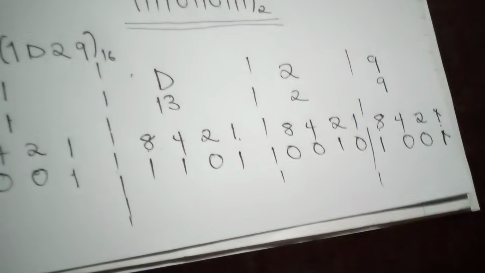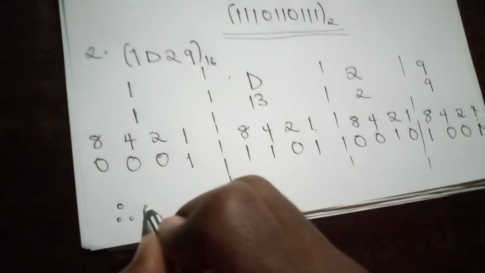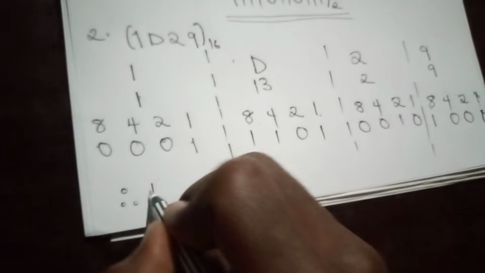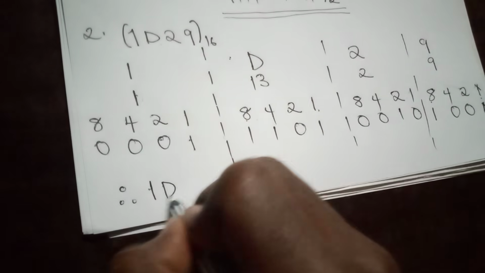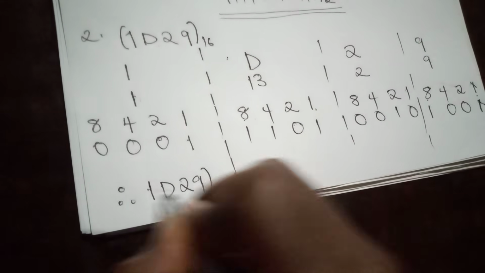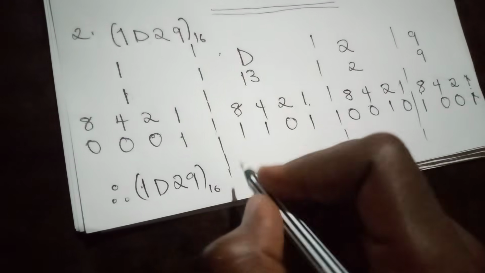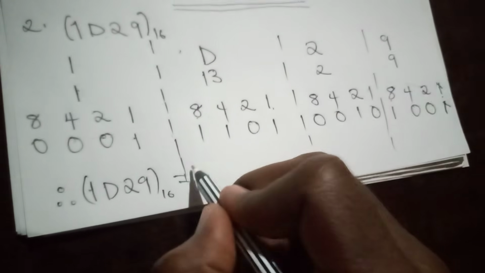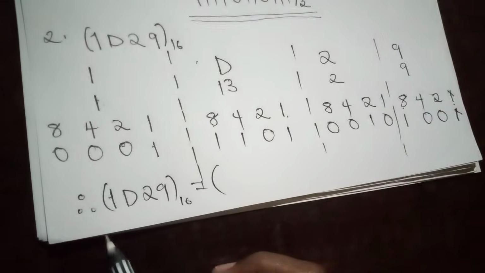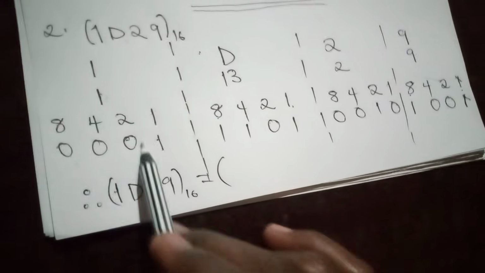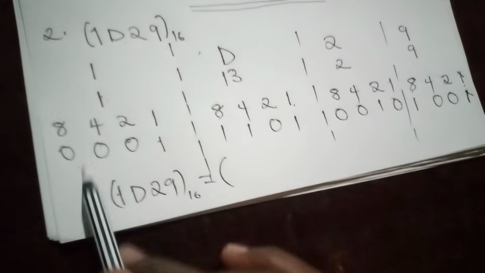Now from there, since you have finished writing, you're going to say, therefore, the hexadecimal that was given, 1D29, in binary number is represented by, like I said, these leading zeros you can drop them because they change nothing.